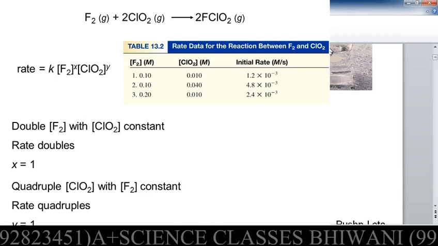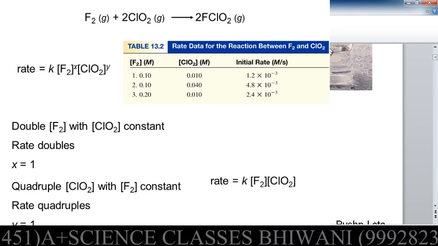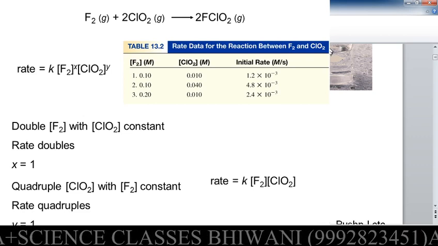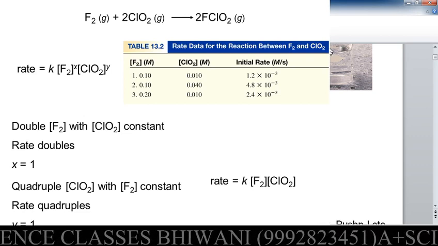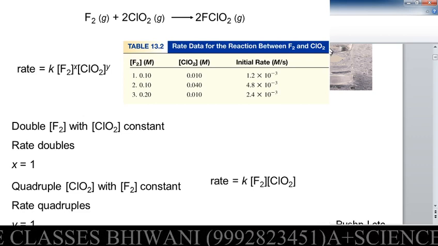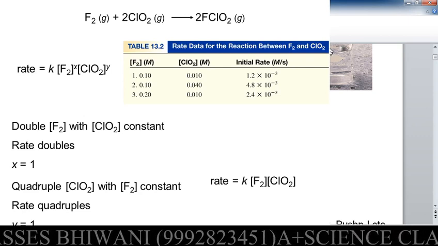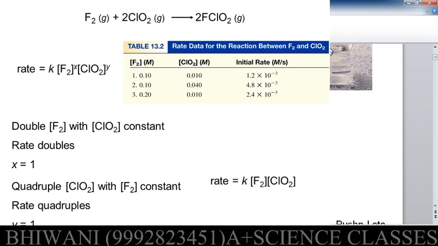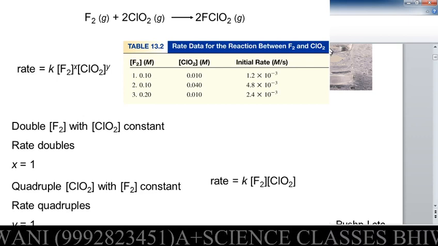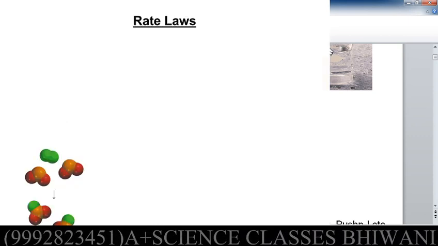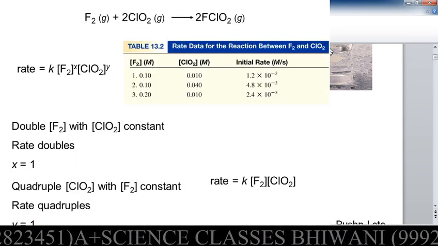Is it clear? So you may write down the rate expression. Again, rate is equal to k times the concentration of fluorine and the concentration of chlorate, each to the power 1. Clear? Is it clear or not?